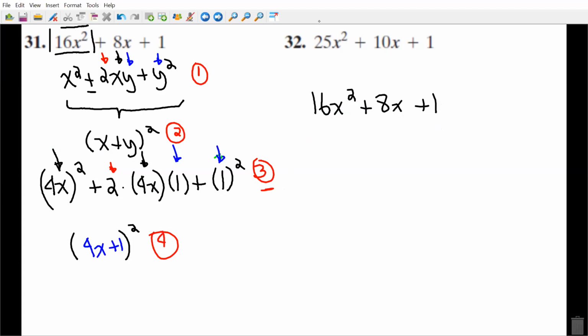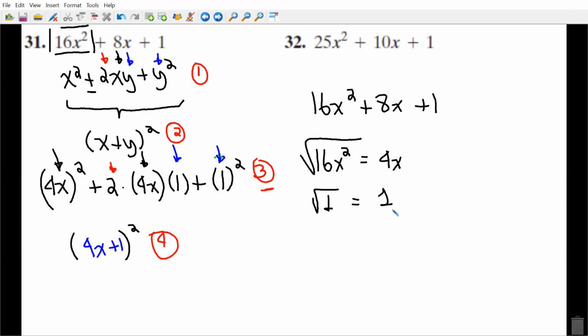This is the exercise, right? What is the square root of the first term? 4x. Yes? 4 times 4, 16. What is the square root of 1? 1. Very good.